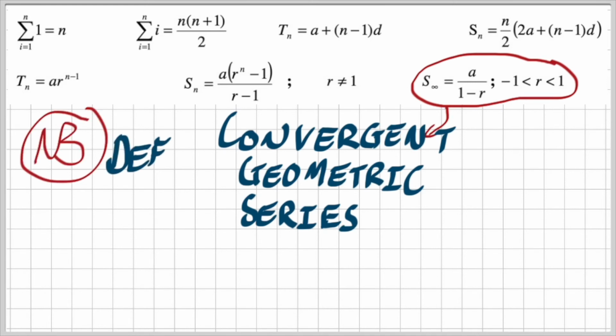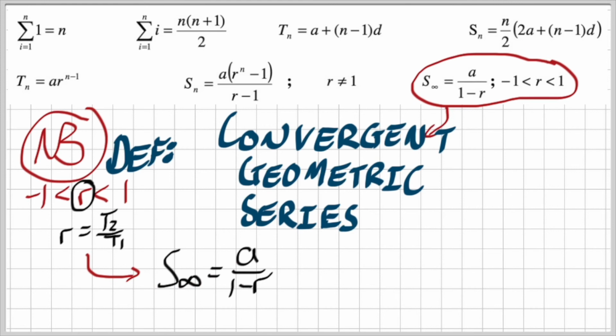So the definition says that for us to use the formula, the ratio, which is T2 over T1, must lie between -1 and 1. Only when the ratio lies between -1 and 1 can we use S infinity.